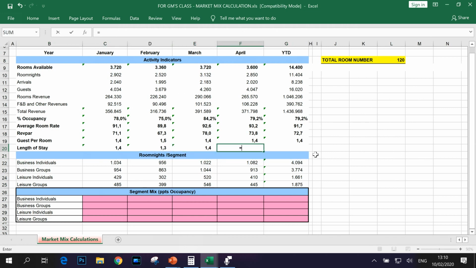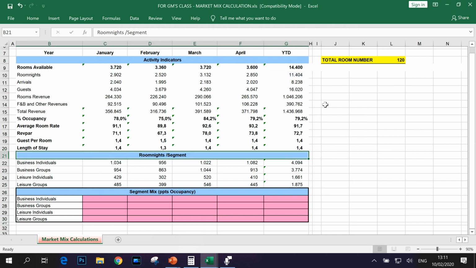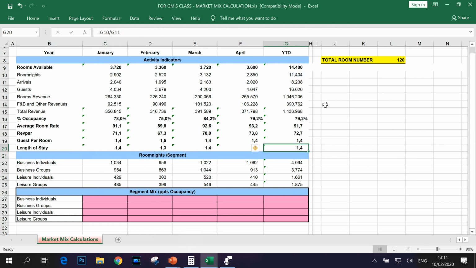Our length of stay for April equals the number of room nights in April divided by the number of arrivals, which gives us 1.4. YTD wise, we have total room nights of 11,404 divided by the total number of arrivals from January until April, which was 8,238. So we can see that length of stay is 1.4 for this hotel. So, I guess, we can see that guests stay for a very short time, 1 night or 2 nights.